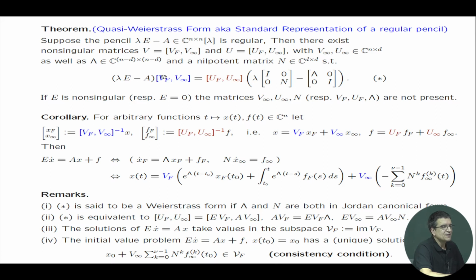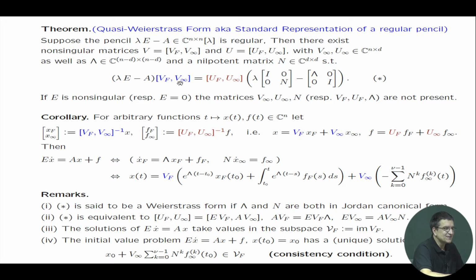You can say in the generic case, the columns of V_f are just eigenvectors to the finite eigenvalues. And in the non-generic case, we have their Jordan chains. And the same here with V infinity.